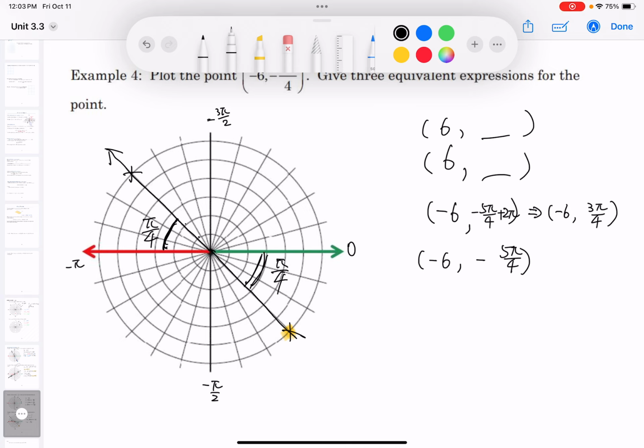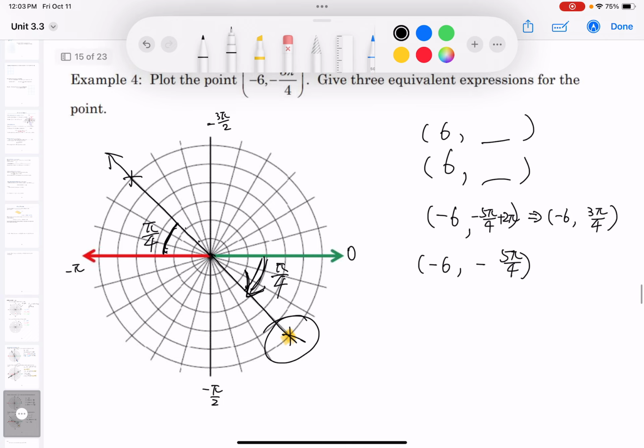So if I have a point here and we have the positive r, which is 6, then this angle, rotating clockwise, I have -pi over 4. And its coterminal is -pi over 4 plus 2 pi. So we have 6, 7 pi over 4. So this is one method.